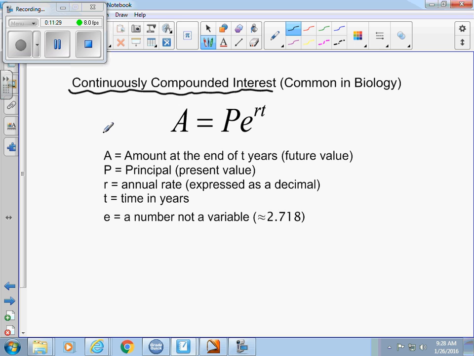That's why the PERT formula is used in biology, because it's for continuously compounding interest. Banks don't have that luxury. Somebody has to push a button. I don't know if you know that with most money things are kind of manual.